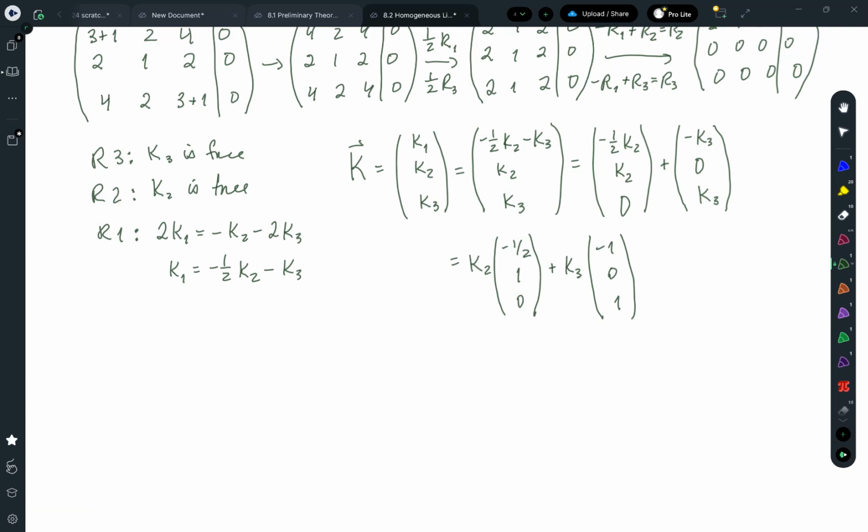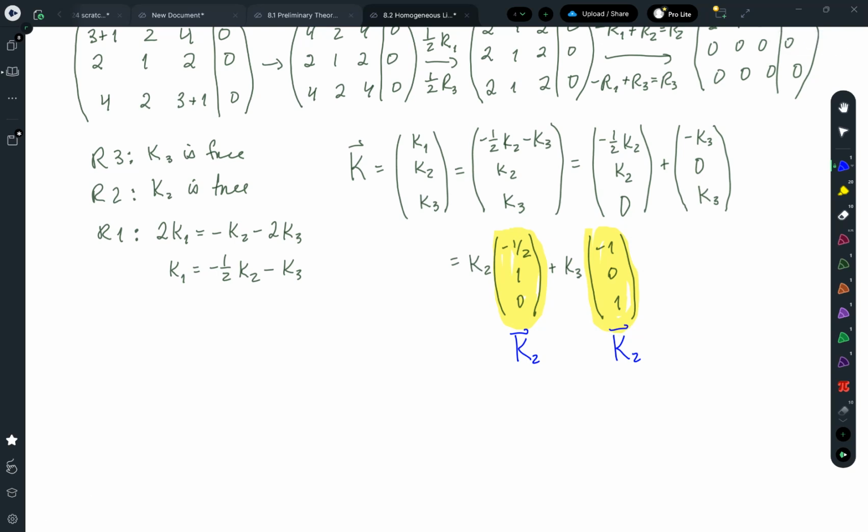Okay, what I just found is this first one. I'm just going to leave the fraction in there. This is going to be my K2 vector. This second one with the negative 1, 0, 1, this is going to be my K3 vector.